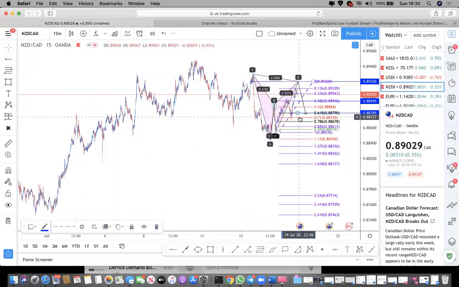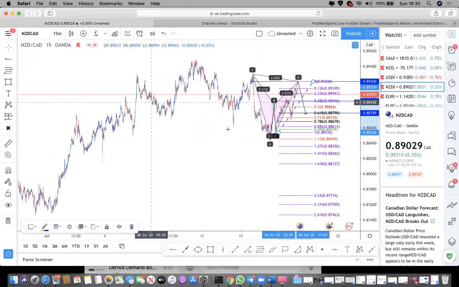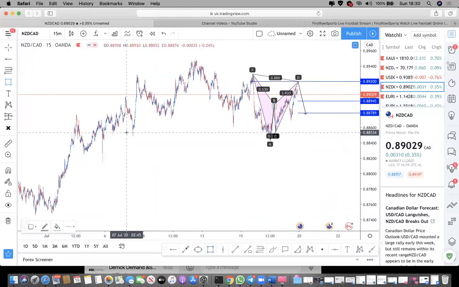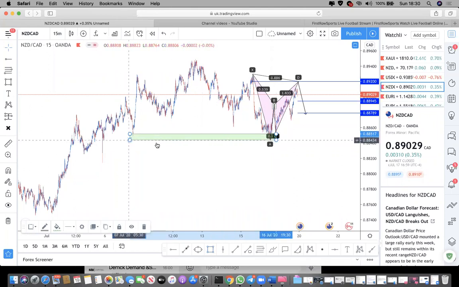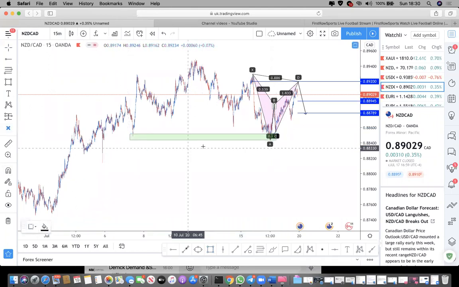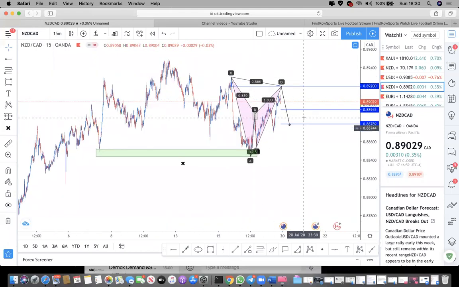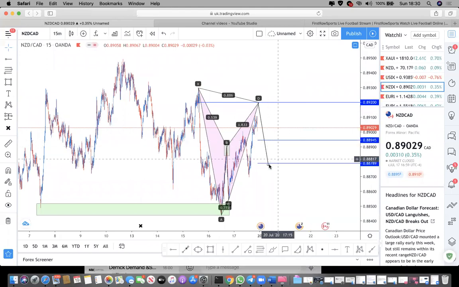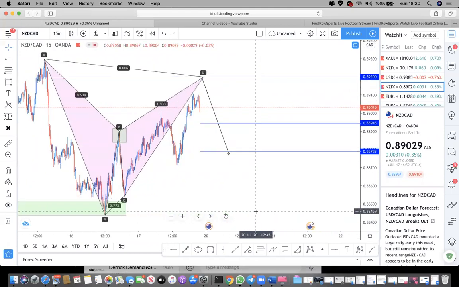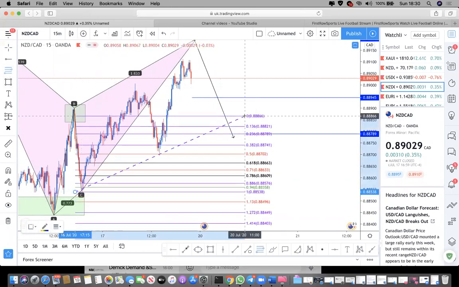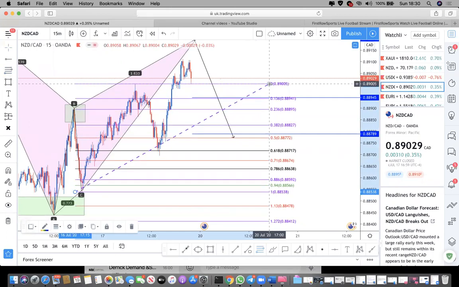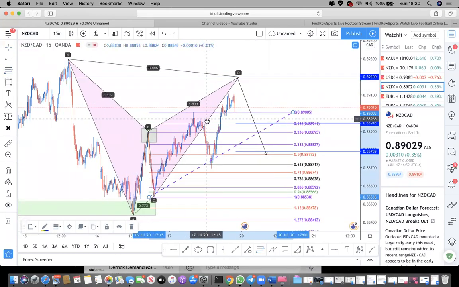And we can see from here that we have some equal lows sitting down here, so it means that we have some liquidity buildup in this area. So potentially, we could hit TP1, TP2, and potentially get our TP3. And if I pull this fib from here to here, we could potentially end up having a cipher pattern.